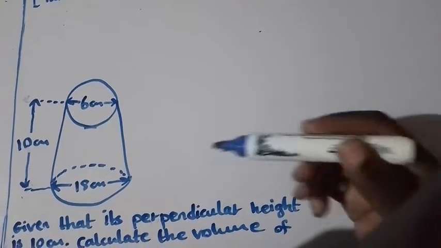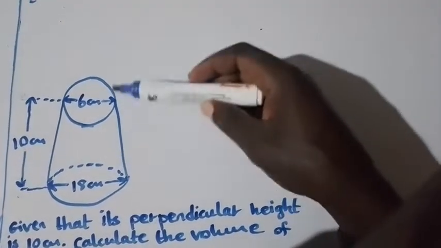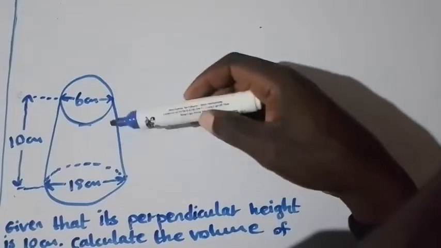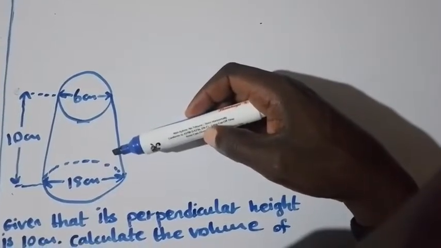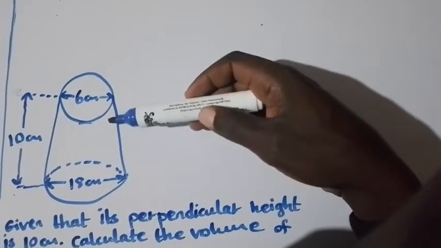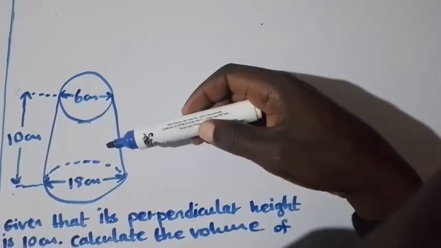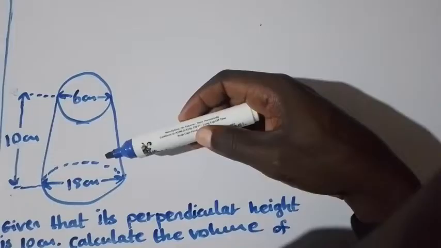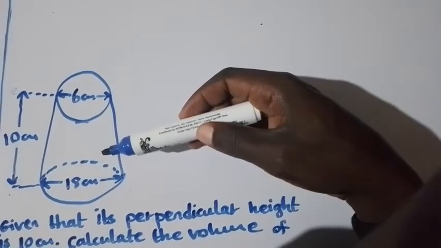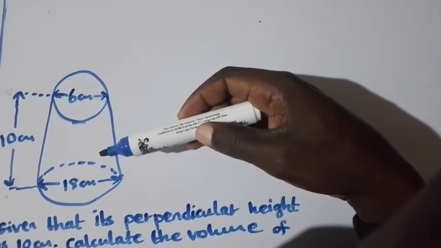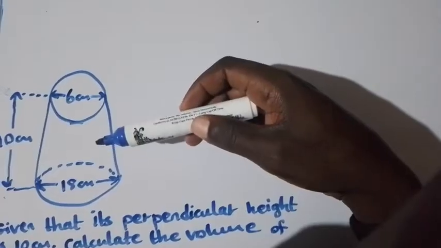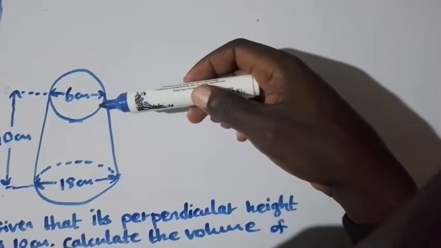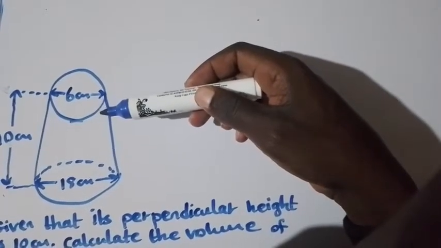Okay, so the volume they want us to calculate is for this diagram which we have here. This is what we call a frustum. It is a circular base frustum, which means for us to come up with this frustum, we need to get a cone.